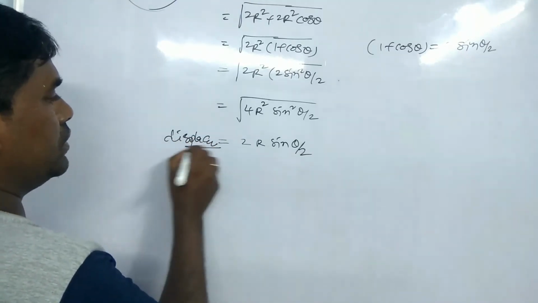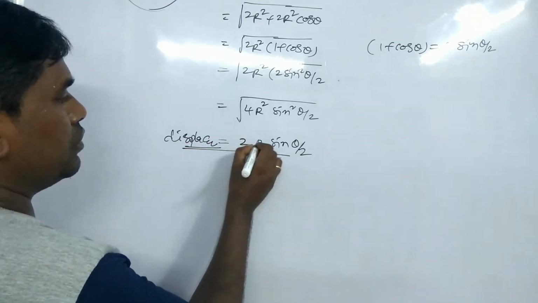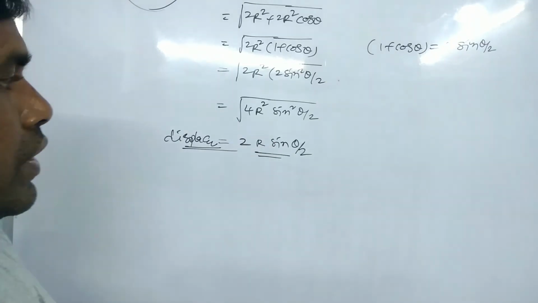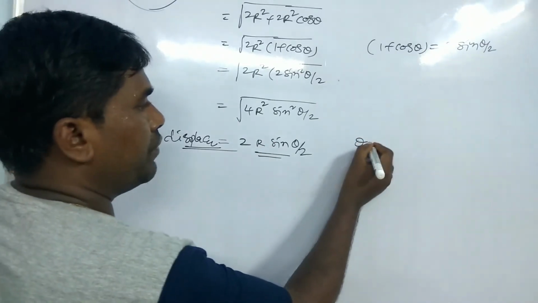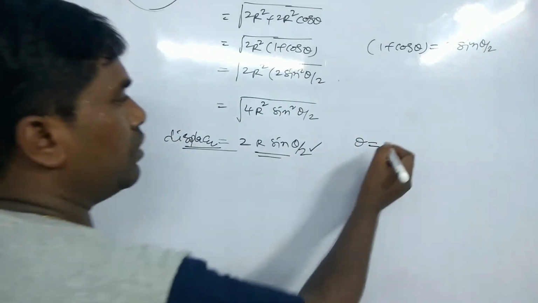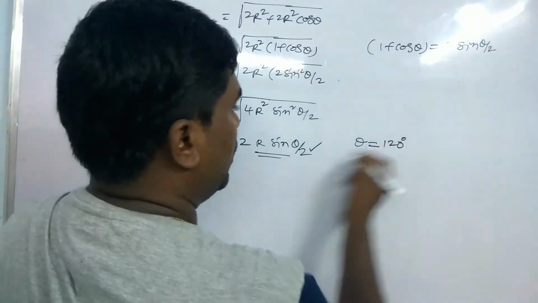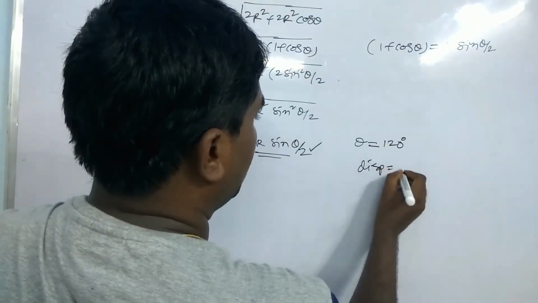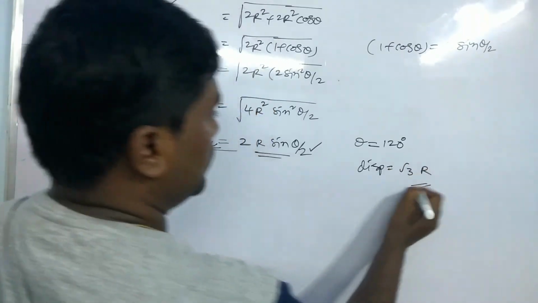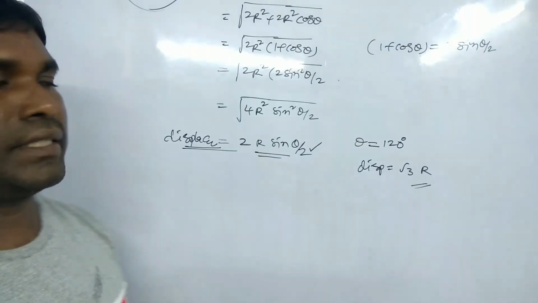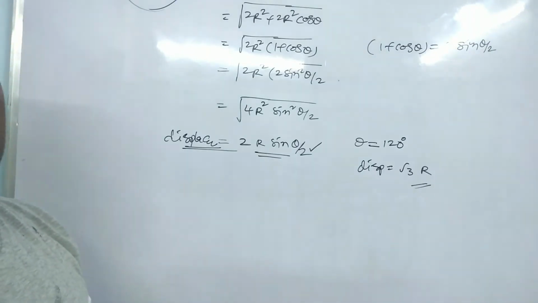Very, very important. If theta is given, for example 120 degrees, we have already seen that the displacement is root 3 r.